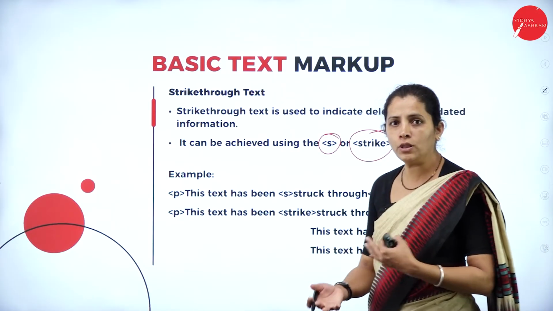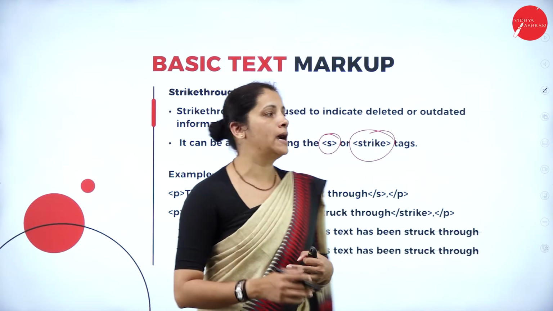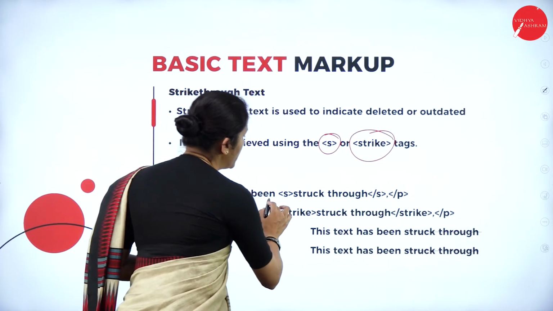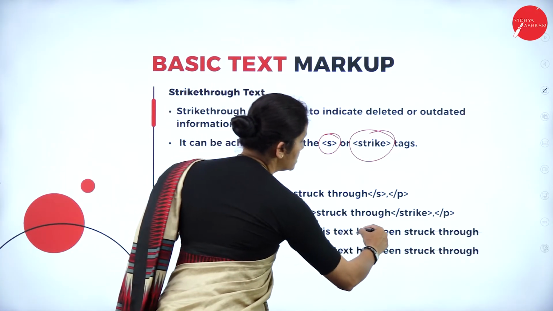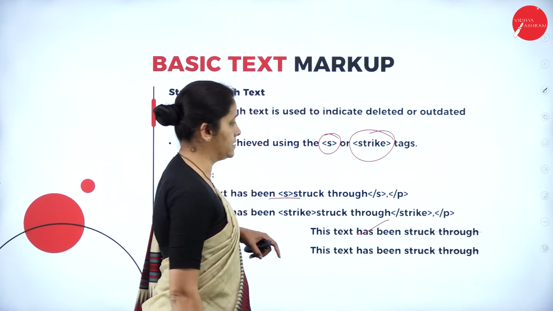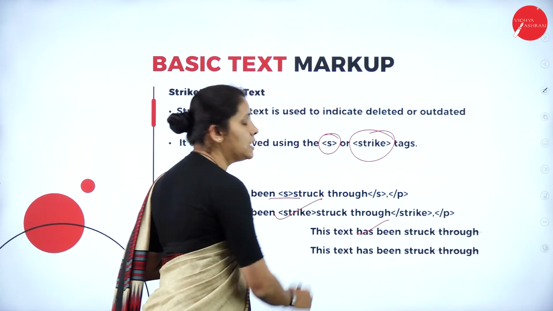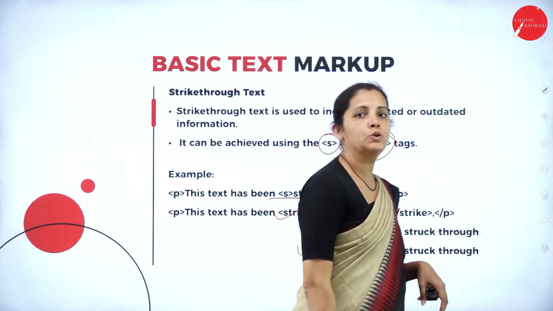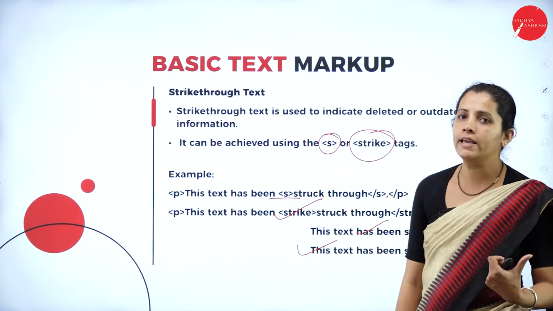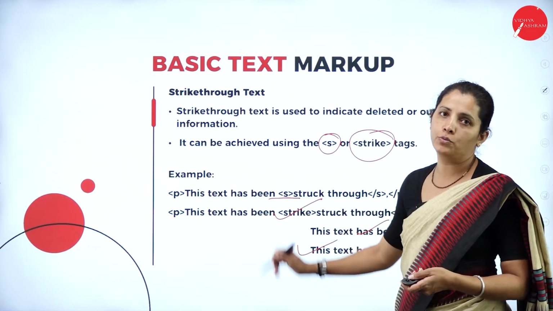And when you use both the tags, you'll get same kind of output. So first one, I'll use the tag S. So this is my output for the tag S. Second time, I'll use strike tag. So this is my output. So when I use S or strike, I'll get same output.